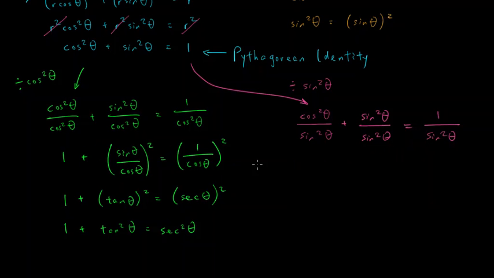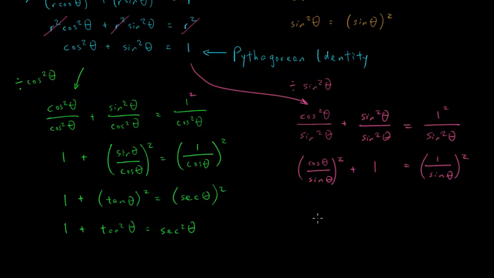Just applying the same algebra that we did before, this is just going to be cosine theta over sine theta, all squared, plus 1, equals 1 over sine theta all squared. We can think of this as 1 squared.